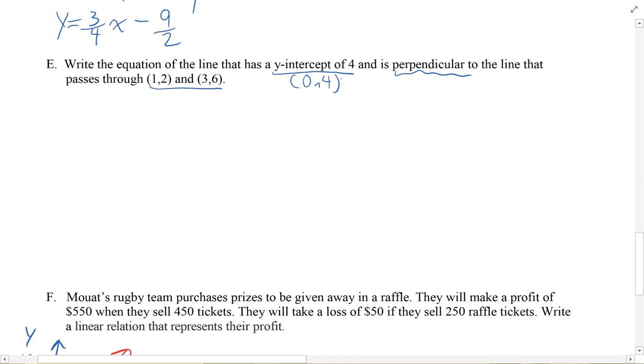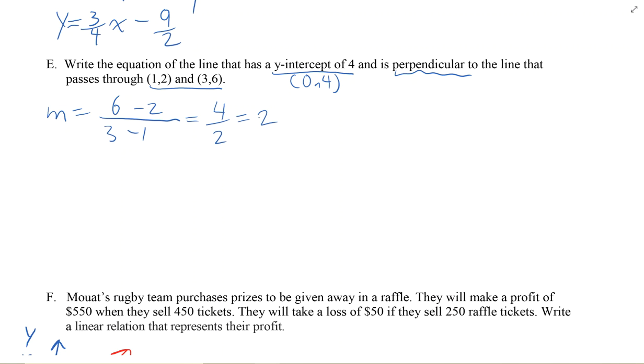Okay. Then it says perpendicular to a line that has these points. What can we find from those points? The slope. So find the slope here. I got a slope of 2. Did you guys get that? Okay.